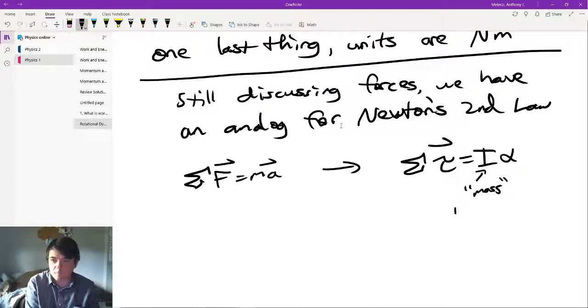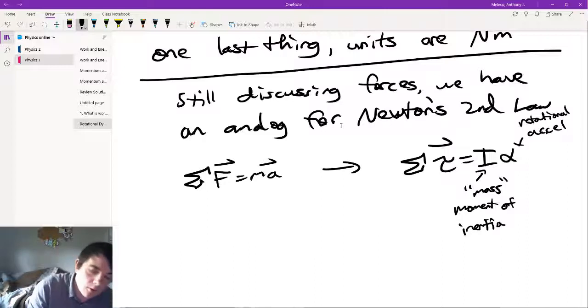This is moment of inertia. This is our rotational acceleration. So if you remember in our linear discussion of forces, you summed up all the forces, right?